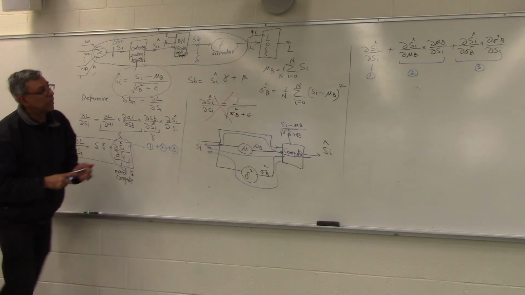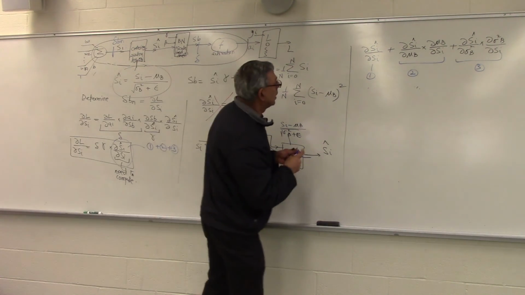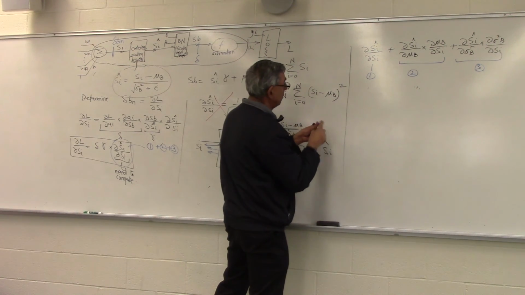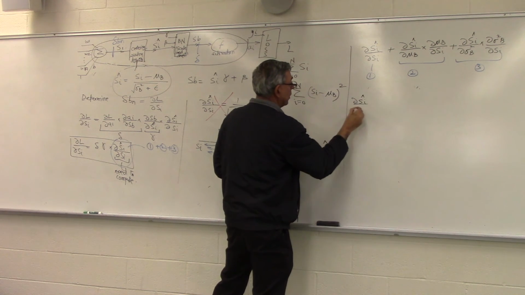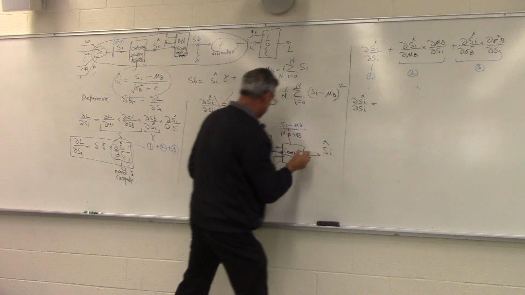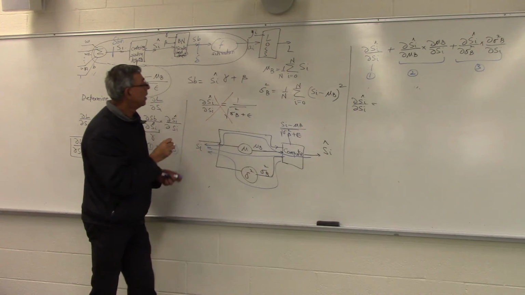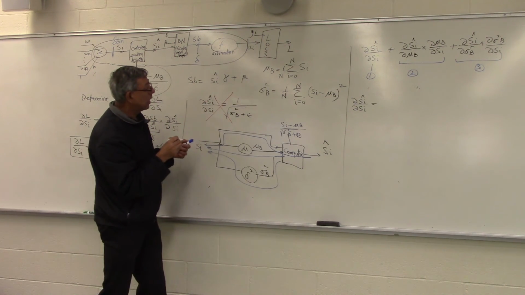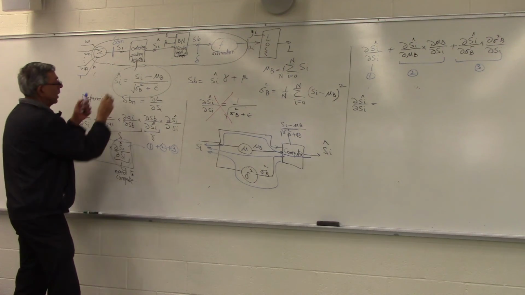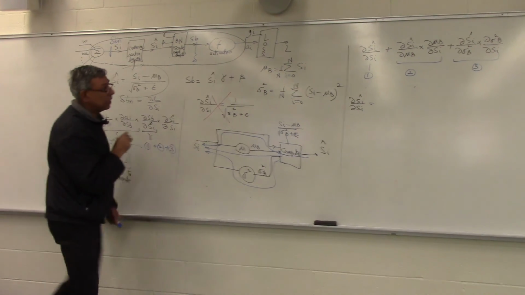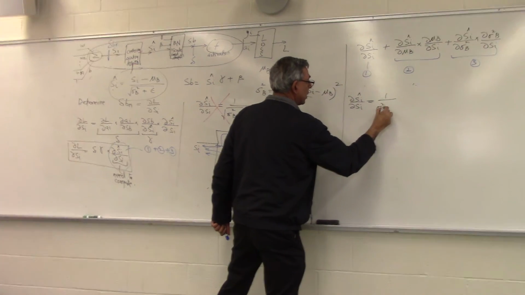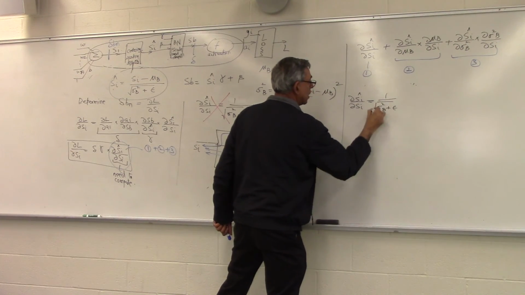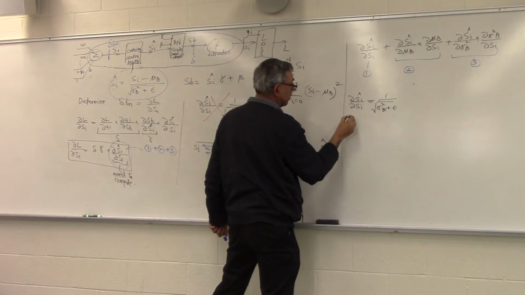Anyway, let's go to the first part. Partial SI hat over partial SI is easy, from here to here. Partial SI hat over SI will be 1 upon the square root of sigma square B plus epsilon. Okay, let's go to the second part.